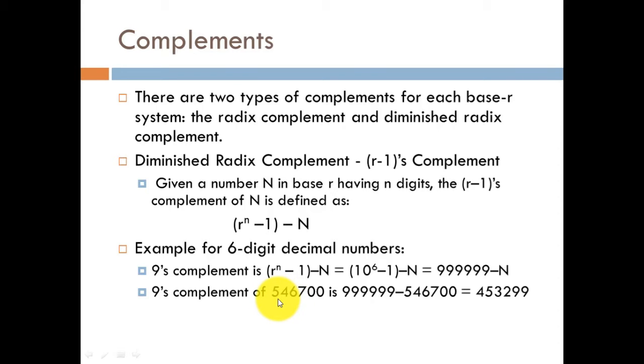So this is a 6-digit number. We will have 999,999 minus 546700. When you evaluate this expression, we are left with 453,299. So this is the 9's complement of this number. Hopefully you have got the idea.